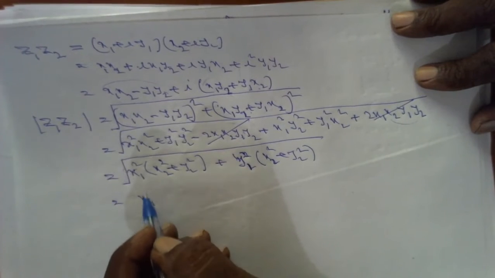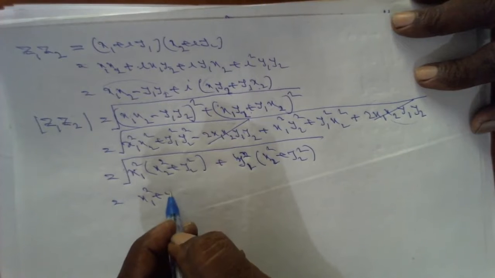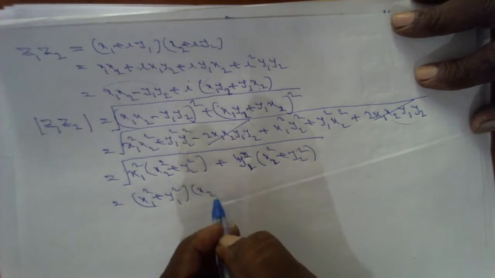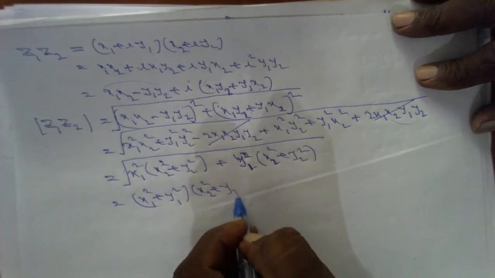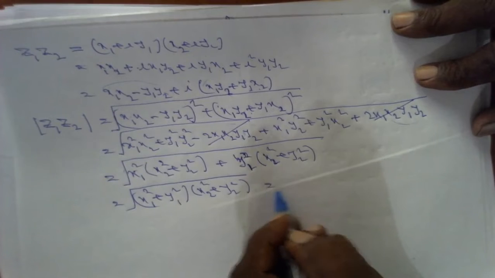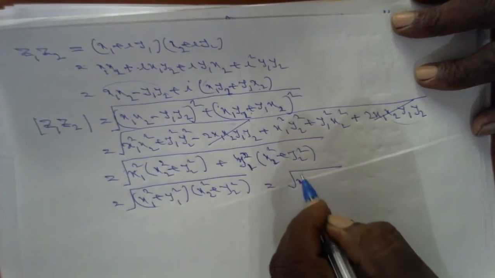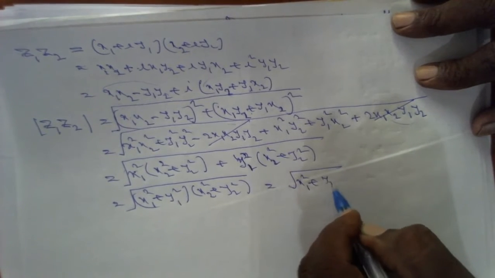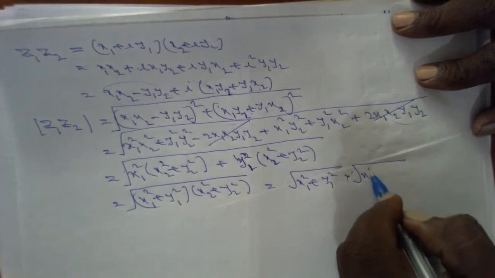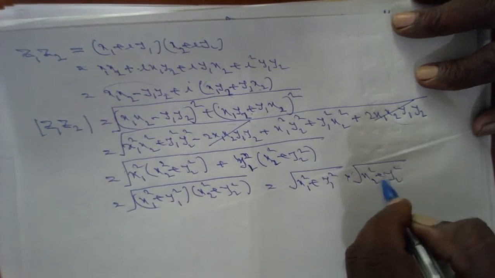Then take x2 squared plus y2 squared out. So this equals x1 squared plus y1 squared, x2 squared plus y2 squared.